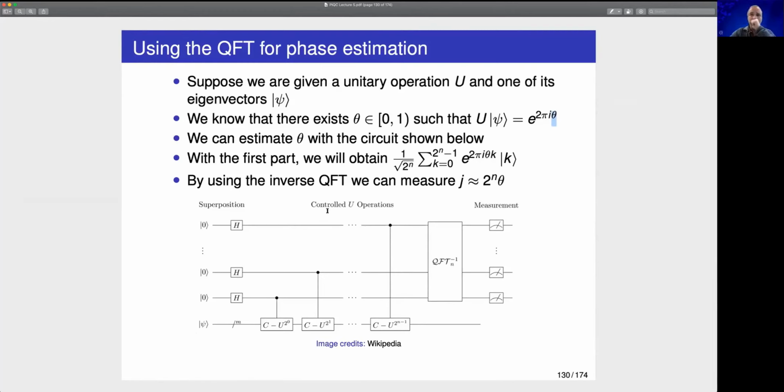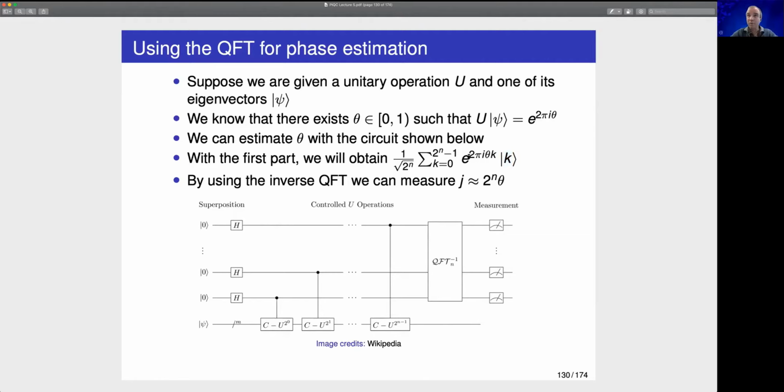It works because what we are doing here in this first part is more or less the same as what we were doing in Shor's algorithm. And after this part, what we have here is this superposition in which we have applied the operator on the eigenvector several different times, a power of this unitary operator depending on this value k here.